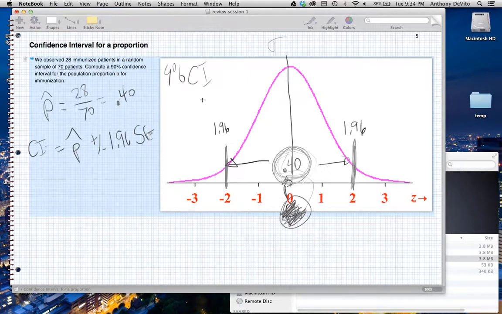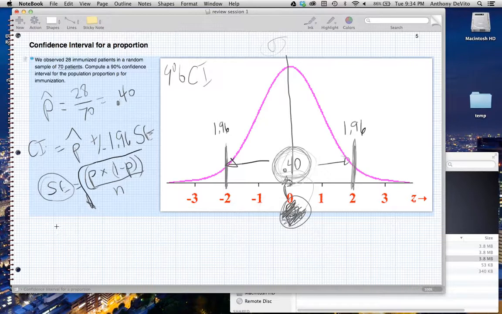Well, when we're dealing with a proportion, I don't really need to know sigma anymore to calculate this. I can use a formula that says standard error is equal to P cap times (1 minus P cap) over N, and take the square root of the whole thing. That formula is going to give me my standard error.